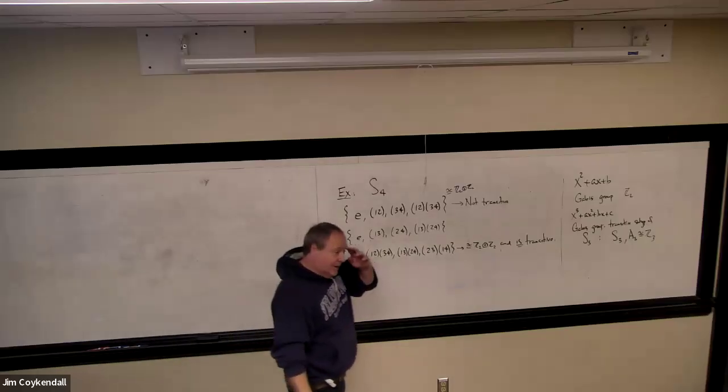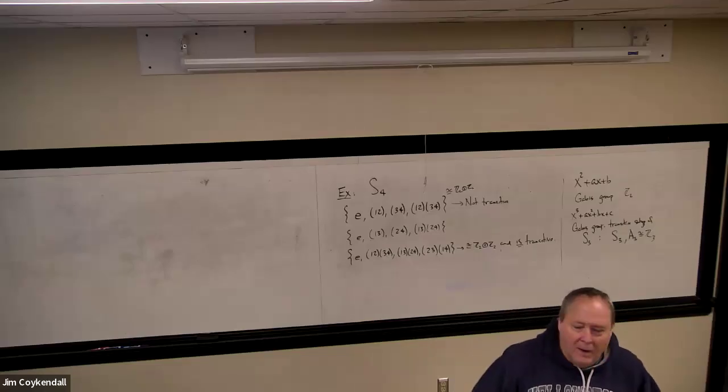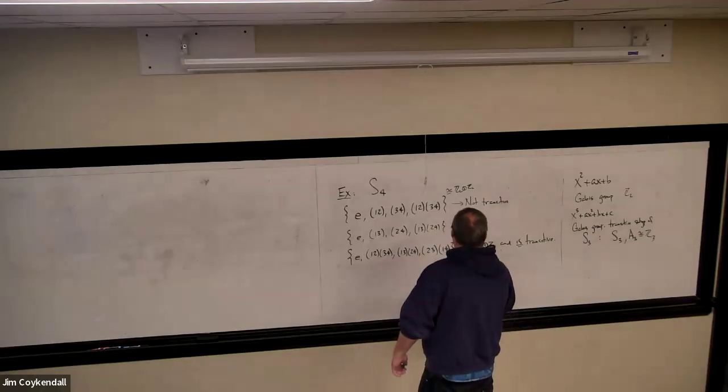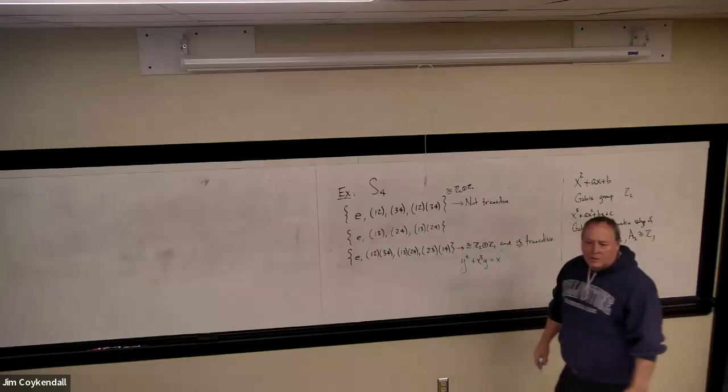I used to actually do that in Cal 1 because this was my justification for doing implicit differentiation. If you take something like this, suppose I want to know what this looks like.